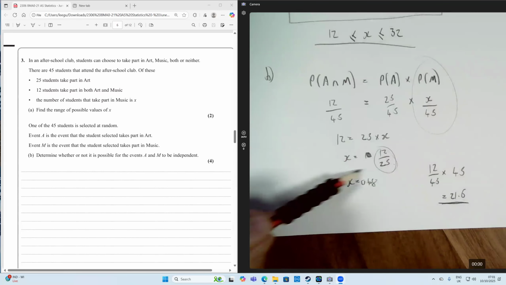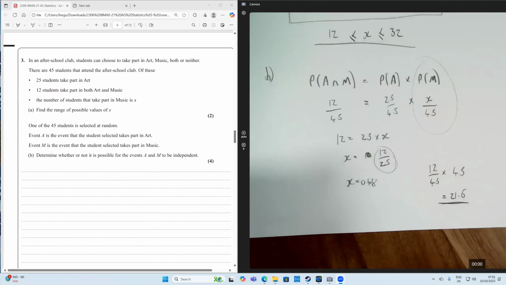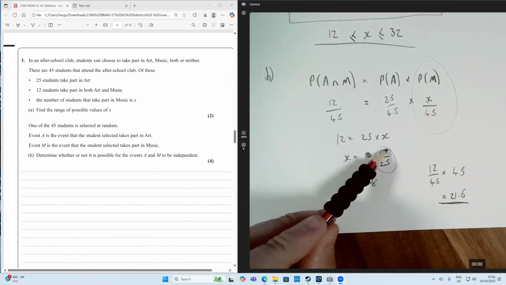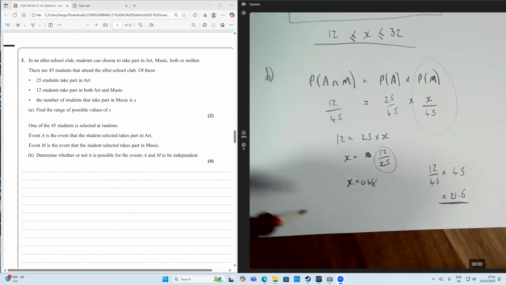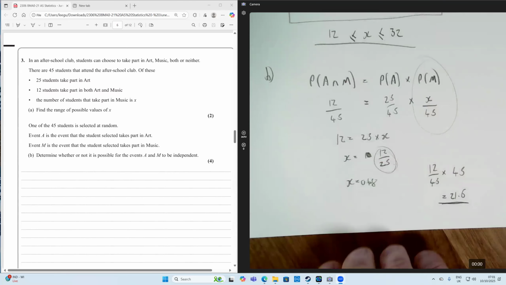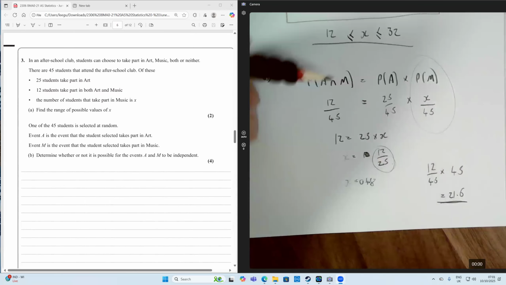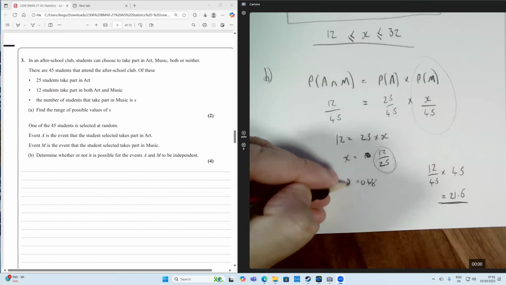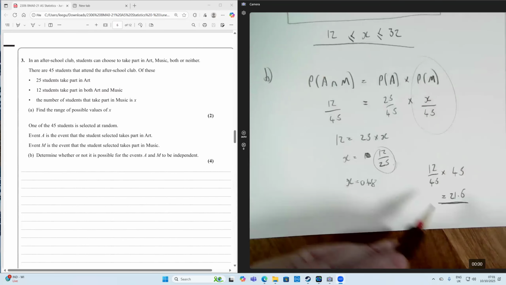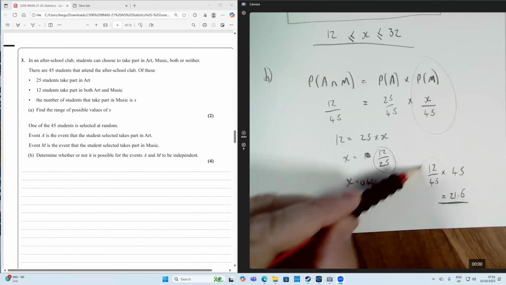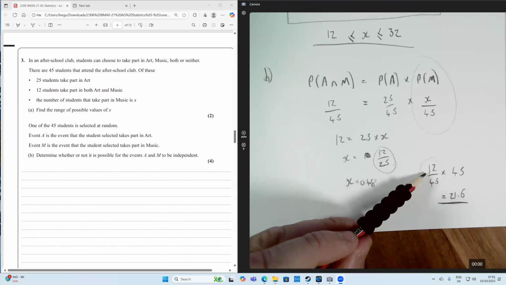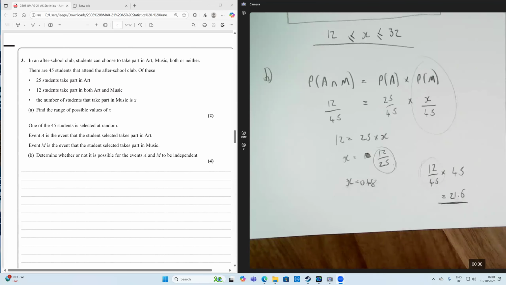Actually, you can't have 21.6 of a student.